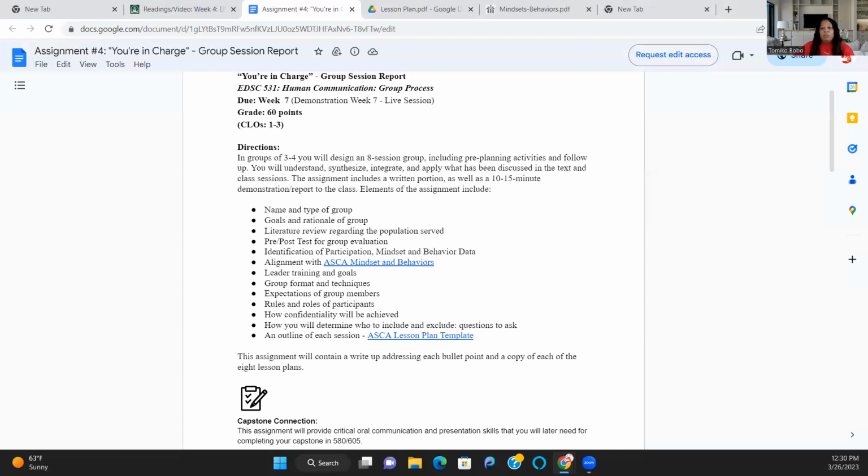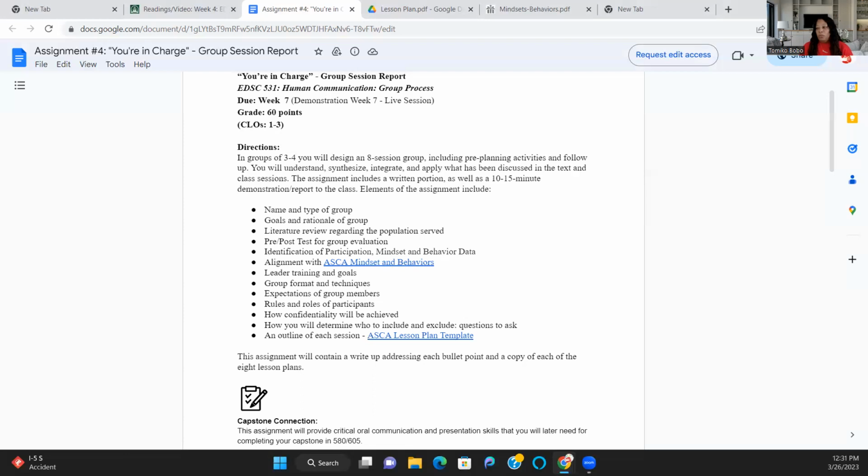So these would be different articles that we would use to create our literature review on the population that we are serving, why we are in need of so many social skills groups today. Now, this is a small portion, so the literature review should be just 1 page, okay?